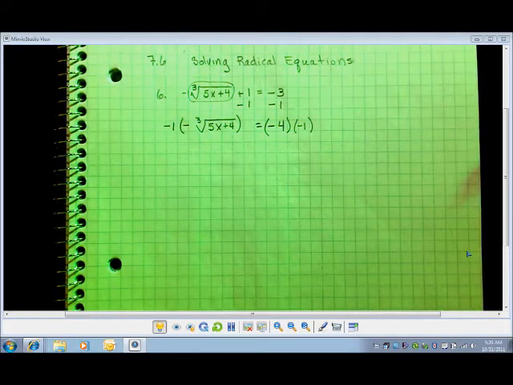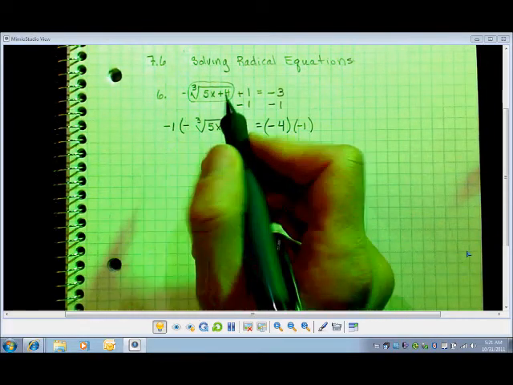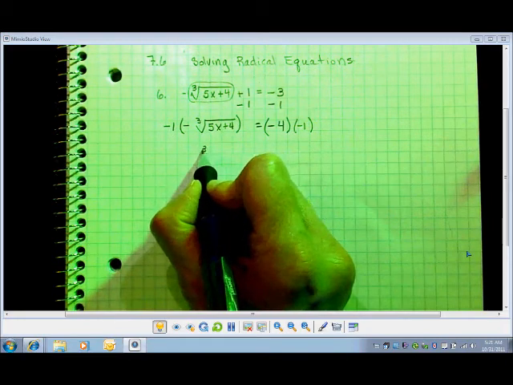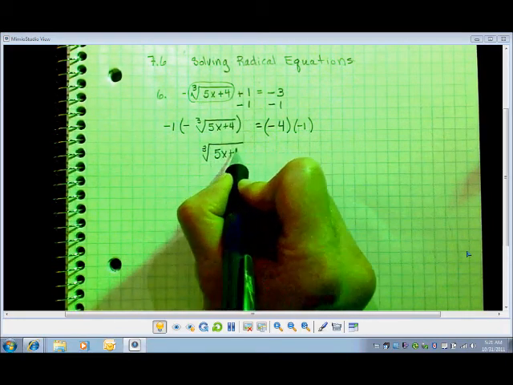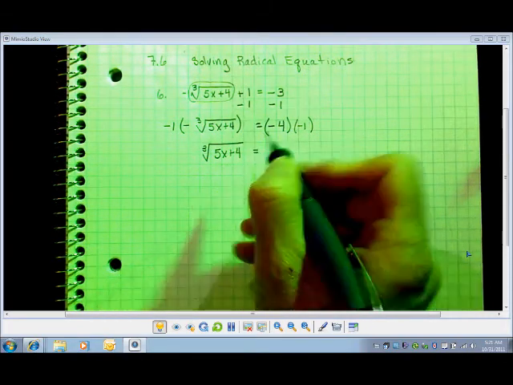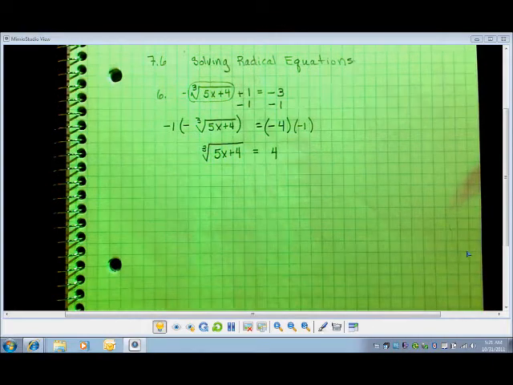Then I don't have to deal with a fraction. So a negative times a negative gives me a positive. So that gives me the cubed root of 5x plus 4 equals 4. Okay, that was easy.